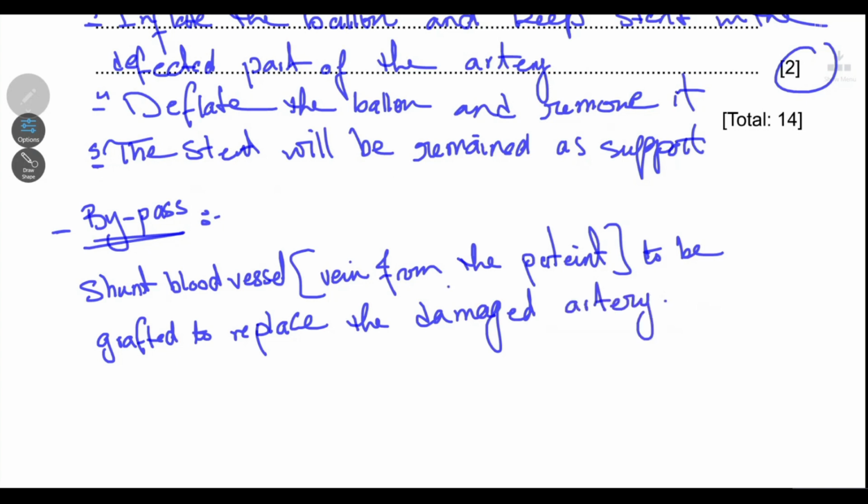Here there are two things that have to be put in consideration. First, the vein should be from the patient in order to reduce tissue rejection, not to be attacked by the antibodies of the same person and not to cause any catastrophic consequences. Because if it's being transplanted from a donor that is not matching with the patient himself, the immune system of the patient will start attacking this grafted vein, because it's not part of the body.